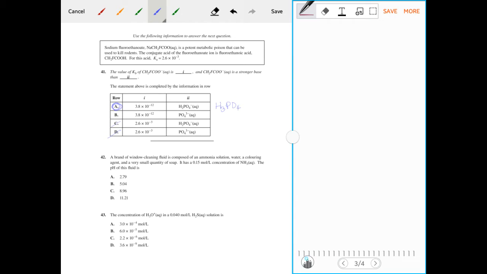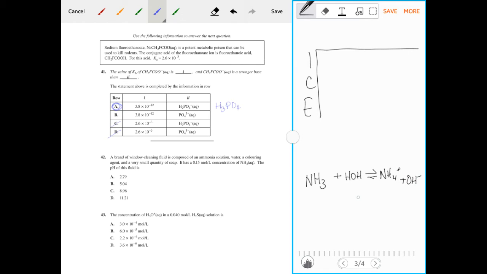I would just set up an ICE table simply as an organizational tool to make sure I'm on the right page here. So I set up my ICE table like so, and I have a concentration of ammonia. So I have NH3, and I know I'm dealing with water, and I get my ammonium and my hydroxide.